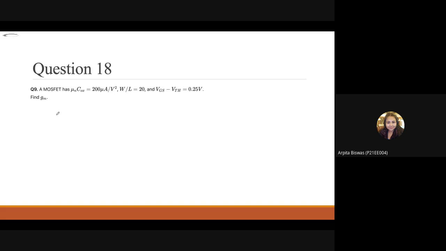This is the question number 18. A MOSFET has mu n Cox given, W by L given, and VGS minus VTH given. So find out the GM.